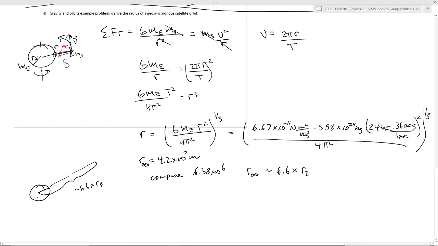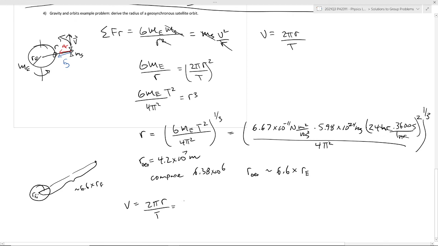So I can try and draw a slightly more to scale diagram. It's a lot farther than, say, the International Space Station, which is in low Earth orbit, where that was 400 kilometers, and this is 6 to 7 times the radius of the Earth. Anything else that I wanted to mention? We could also look at things like the speed, which is simple to get now that we have the radius, 2 pi r over the period.